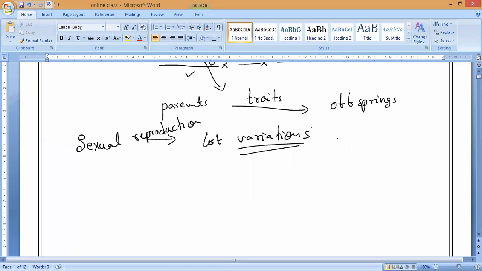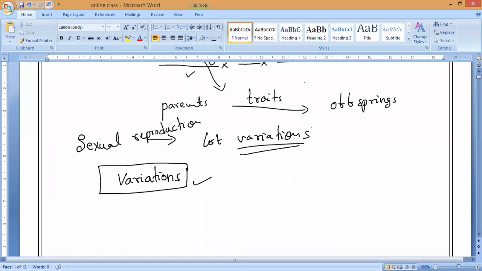The difference in characters among the individuals of a species, what do we call that, guys? We call it variations. What are examples of variations we studied in the last class? For example, we are all called humans, but some people are very tall, some have attached earlobes and some detached earlobes.